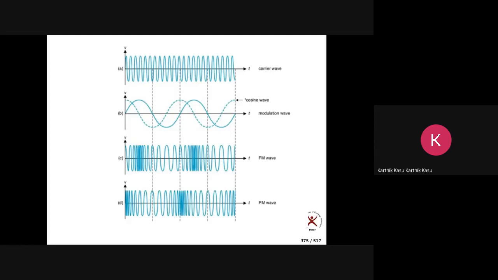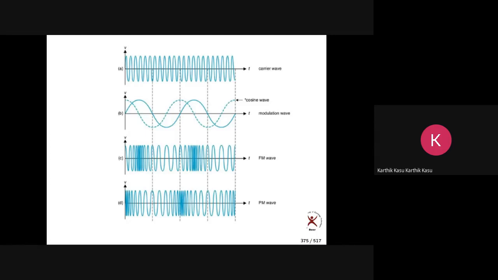Any doubts? You can ask me. Anyone? So the only difference is, in phase modulation also you can observe frequency variations. That is the only difference. So this is about observations of the angle modulated waveforms.